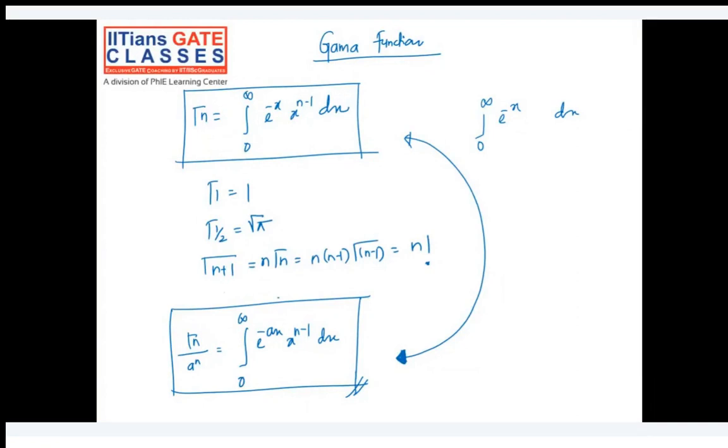Before we jump into the properties and the problems on gamma function, properties means it's a relationship with the beta function we have to study. So I should give you first an introduction about the beta function. So write down the heading beta function.